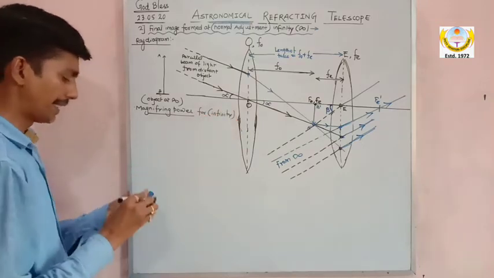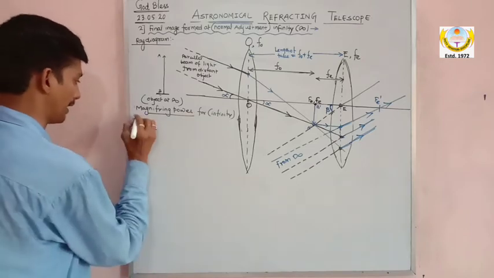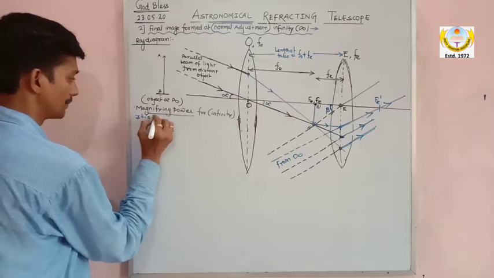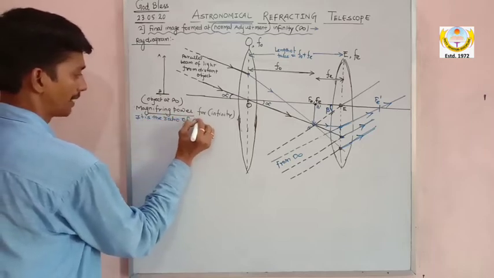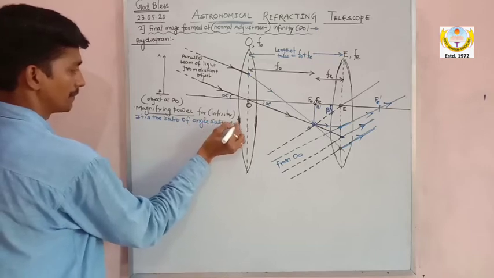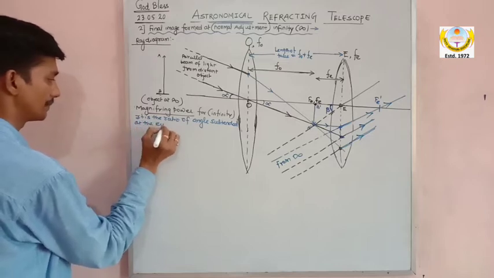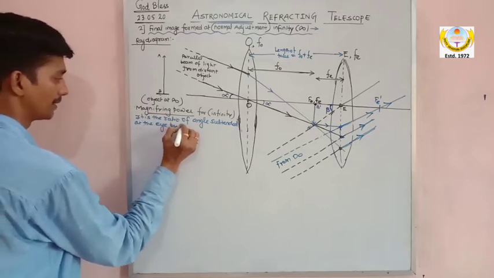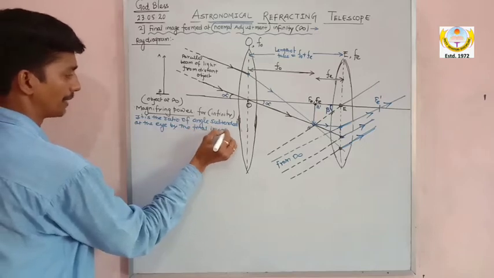So now, my dear, when I define this as the definition, you all know it is the ratio. Again here it is the ratio of angle subtended at the eye by the final image, where the final image is forming.